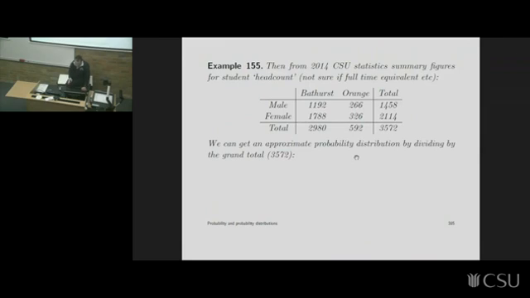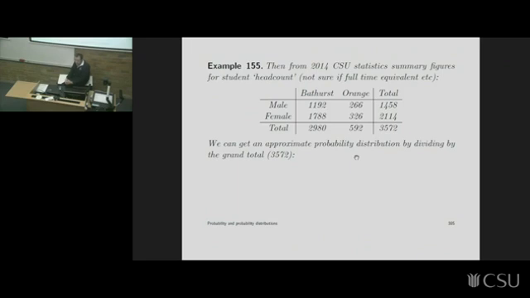So the last of these examples is the one we looked at the other day, and this was the headcount data for Orange and Bathurst campuses. So looking at the gender ratios, essentially, of students from 2014. That's the actual raw counts from 2014.